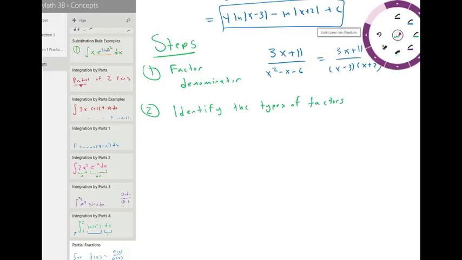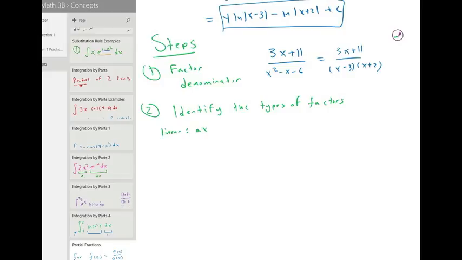Step 2 is we're going to need to identify the types of factors. The different types: we have linear, in the form ax plus b, and we have quadratic, ax squared plus bx plus c.